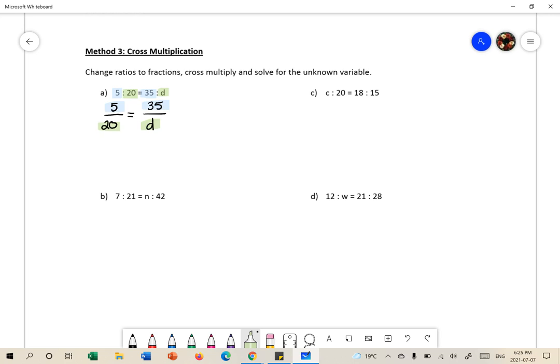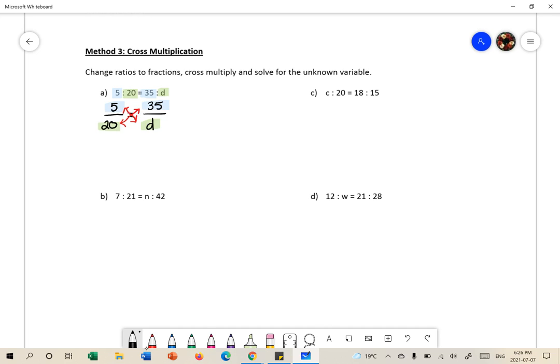And now we can find d by cross multiplying. When you cross multiply, you make a cross or an x with your numerators and denominators. The numerator 5 is going to be multiplied by the opposite denominator d, and numerator 35 is going to be multiplied by the opposite denominator 20.